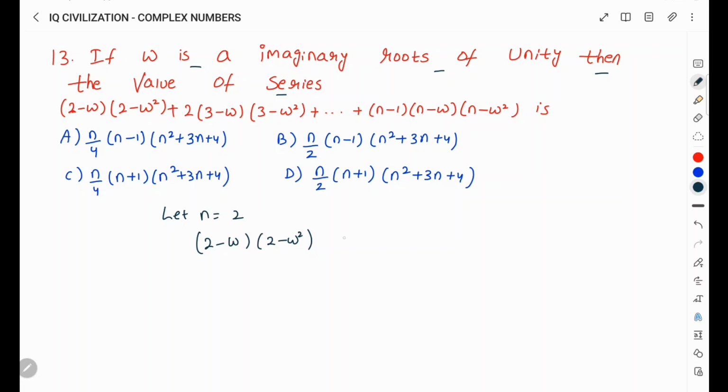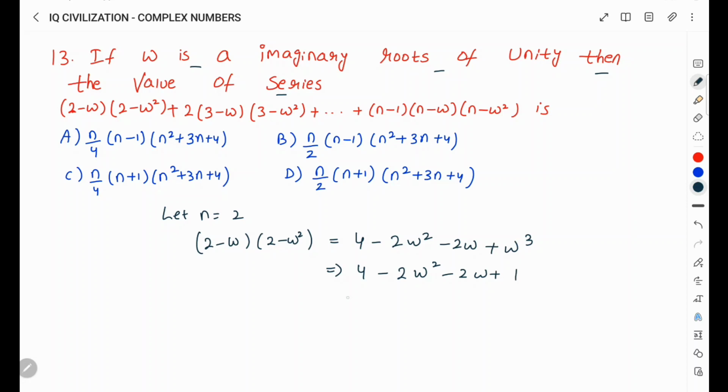Okay, so this is nothing but 2 into 2, 4 minus 2 omega square minus 2 omega plus omega cube. So this becomes 4 minus 2 omega square minus 2 omega, and omega cube is 1, we already know.